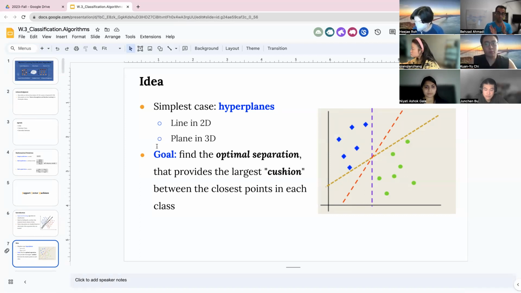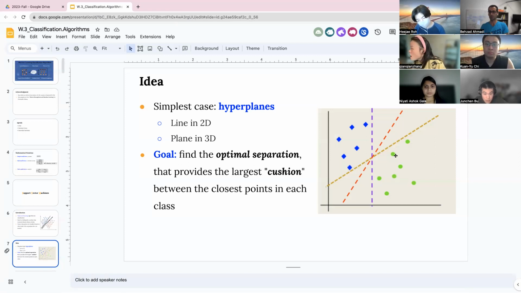And between what part of the two classes? The largest cushion between the closest point in each class. So again, going by that, you can think of, let's say, this green to be like the closest to the rest of the space, right? One of these two are probably among the green.